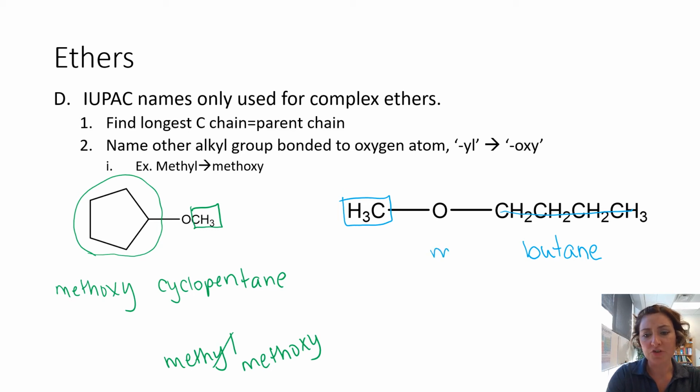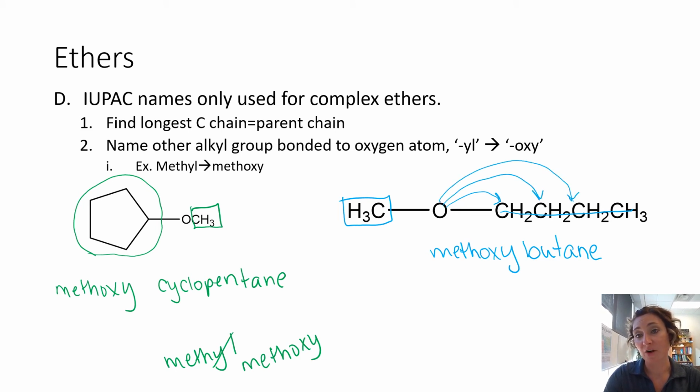What is strange about this, and it's adding kind of an extra layer, is this oxygen could be attached to the first carbon, or it could be attached to the second carbon. If you can imagine this, we have an oxygen here, and we could have a chain that looks something like that.